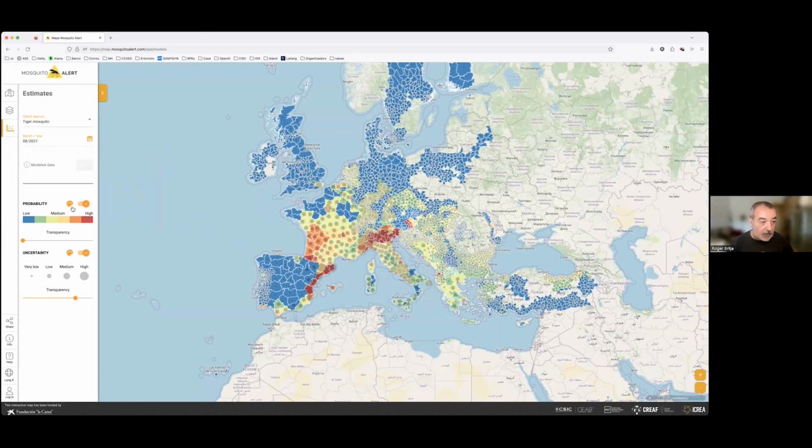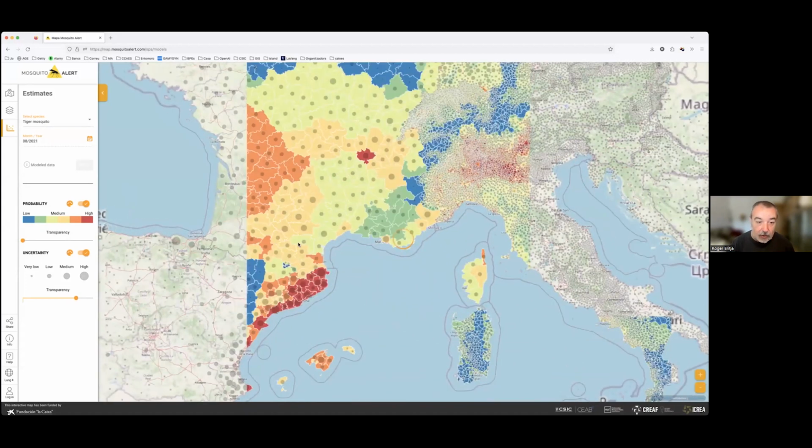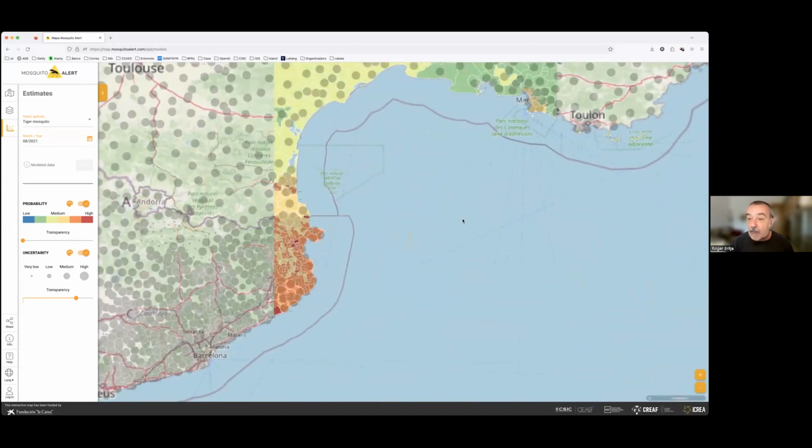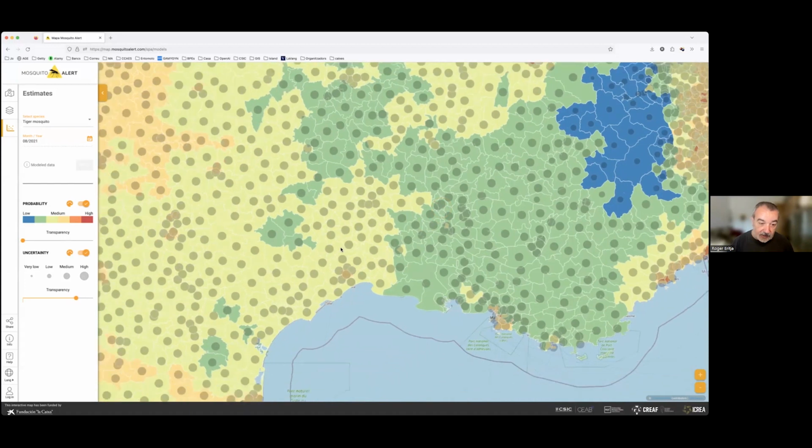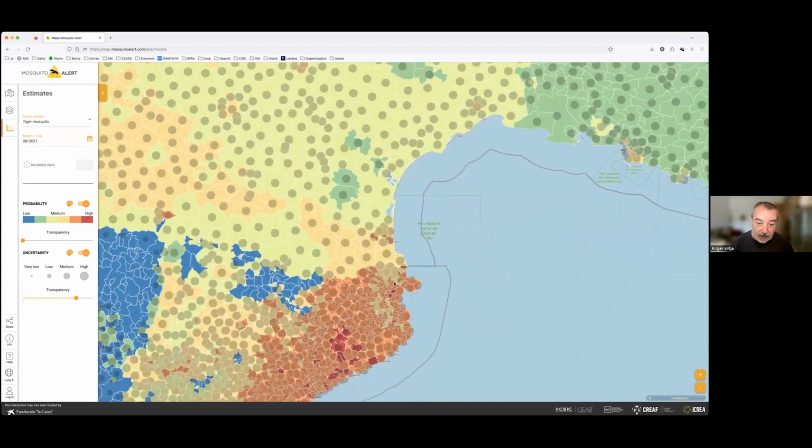You can use different color codes, adjust the transparency, and also plot the uncertainty of these estimates, because each geographical area has an associated uncertainty. Here you have municipality levels for all Europe. And this is the kind of thing we are now working on.